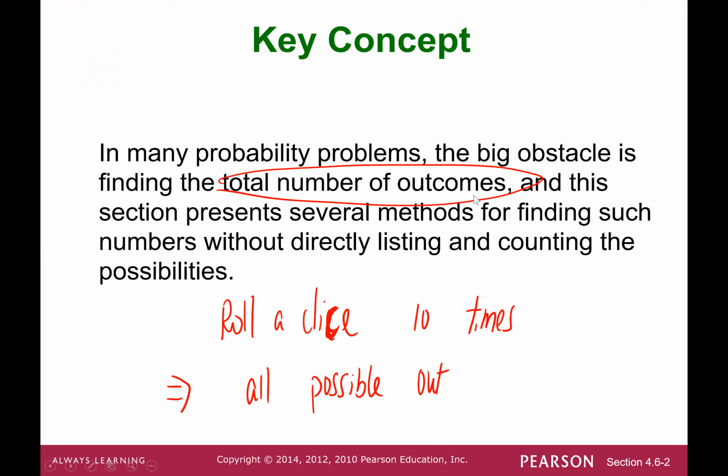So all the possible outcomes, it's almost impossible to list. That's what we mean by finding all the outcomes. It becomes a very challenging task in probability, and all we can do is try our best to find the possible outcomes.